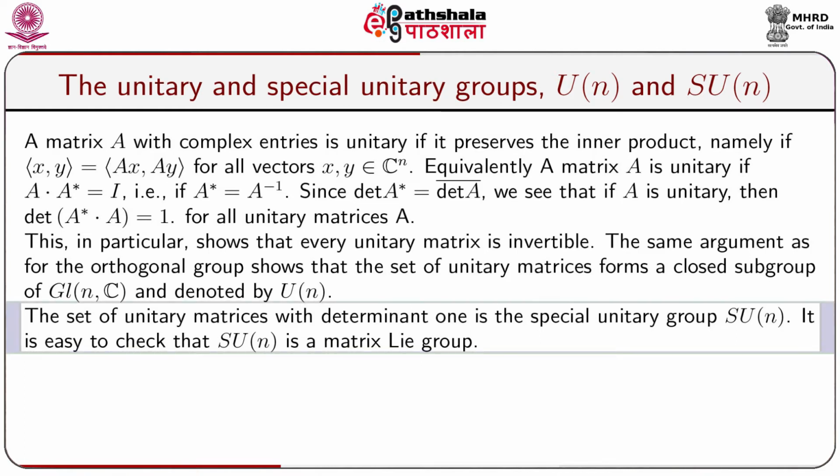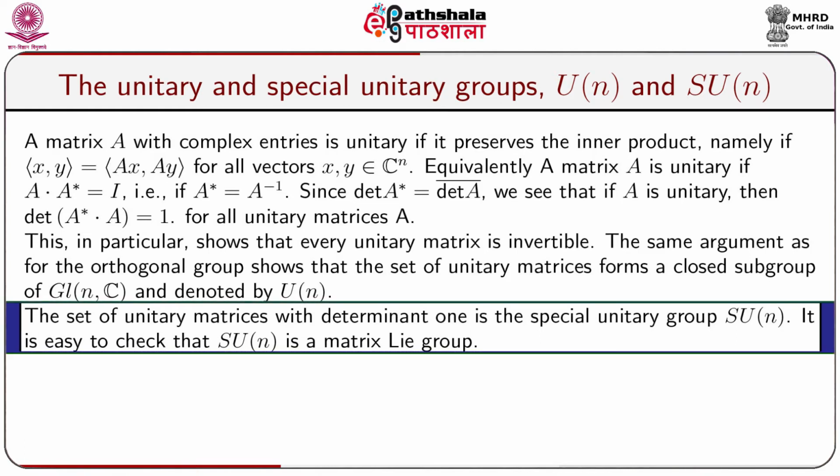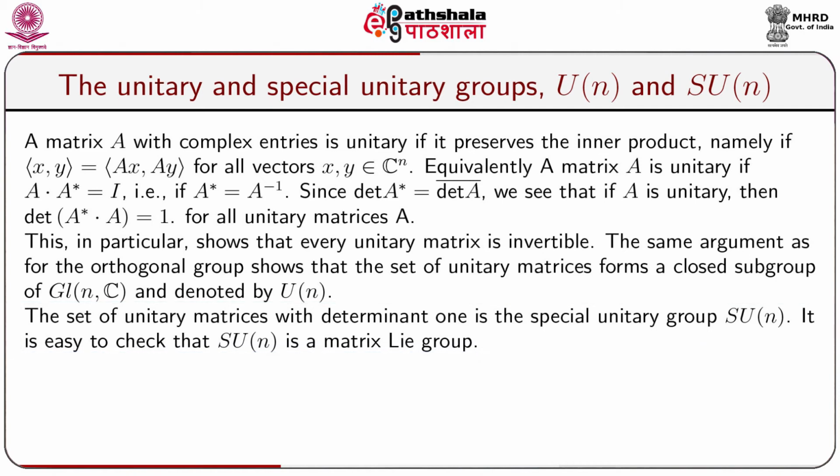Now, the set of unitary matrices with determinant 1 is the special unitary group SU(n). It is easy to check that SU(n) is a matrix Lie group.